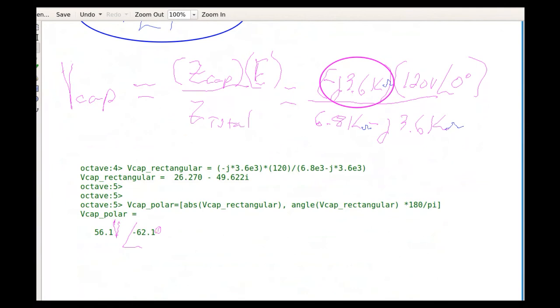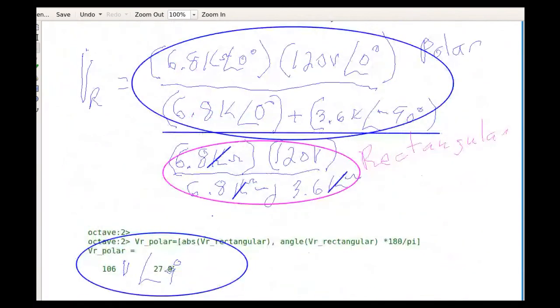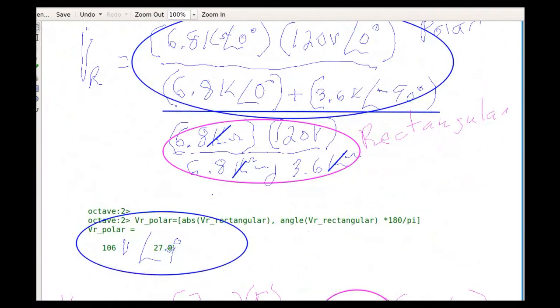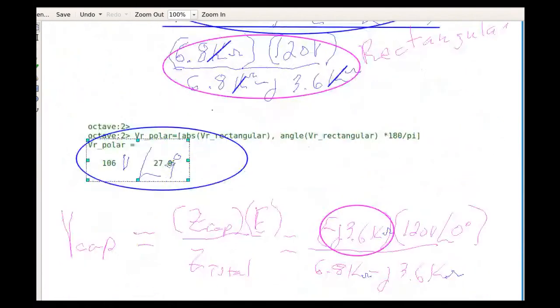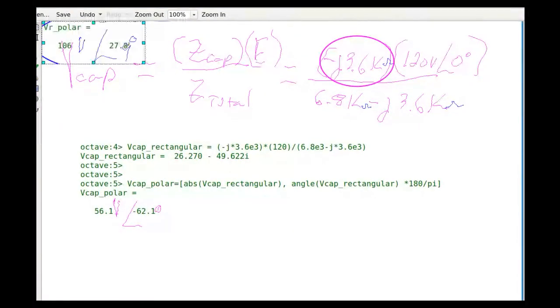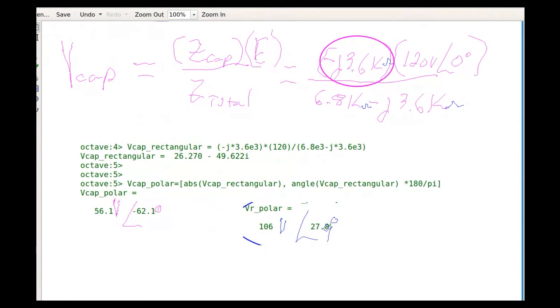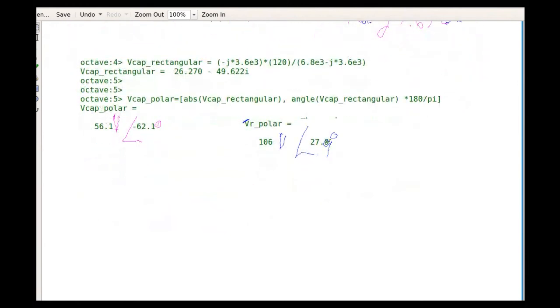Okay, so now, let's go ahead and maybe this will help you understand the angle sum. This is the voltage of the capacitor, and this over here is the voltage across the resistor. Now let's draw a line here.